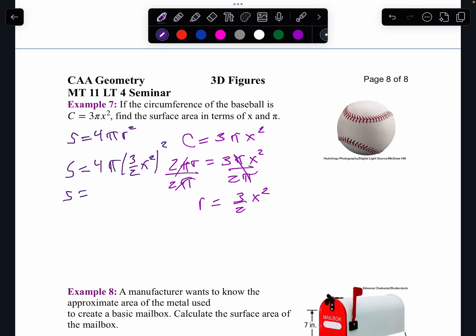So I'm going to get 4 pi, 3 squared is 9, 2 squared is 4, times x to the 4th. Remember, power to a power, we multiply. My 4 is reduced. So my answer in terms of pi and x squared is 9 pi x to the 4th. And there we have it.